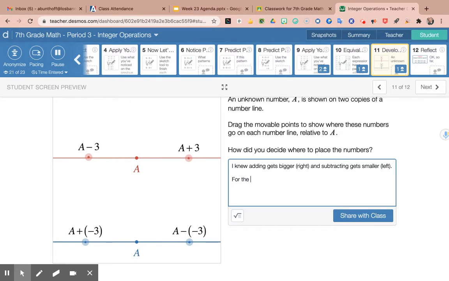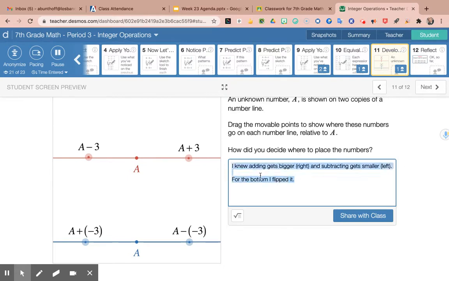And then for the bottom, I flipped it. I know that adding makes it bigger, subtracting makes it smaller. For the bottom, it was kind of like the opposite. Adding made it smaller because it was adding a negative. So subtracting a negative had to make it bigger.